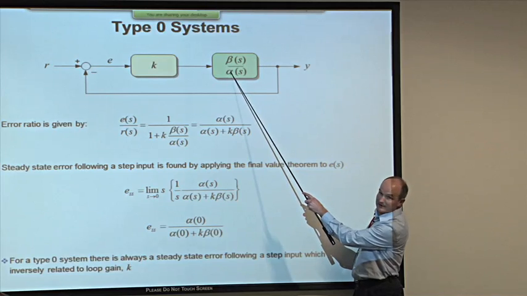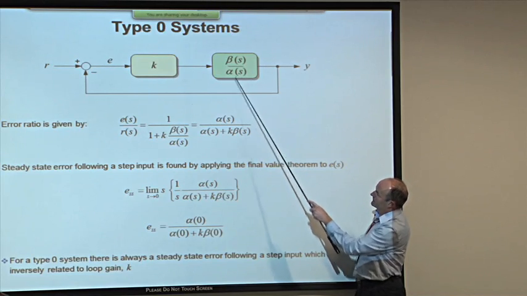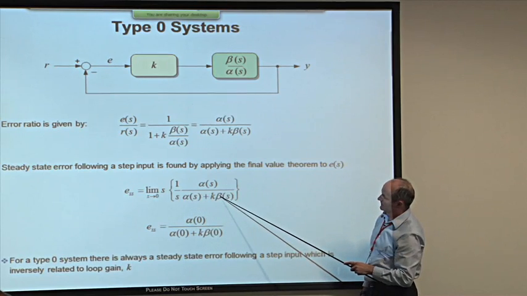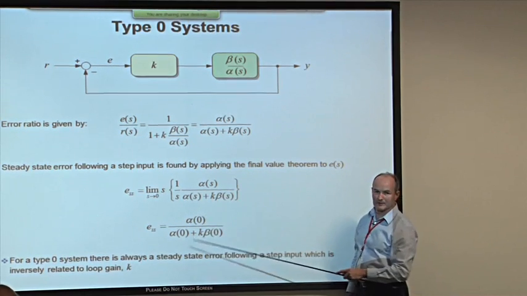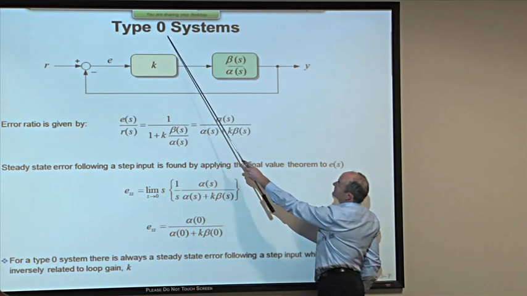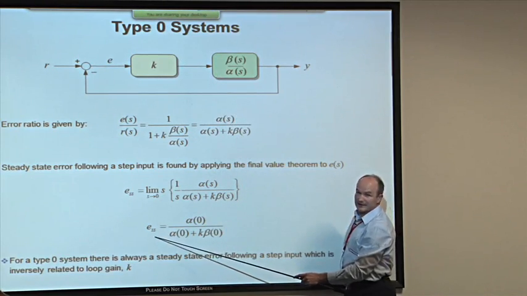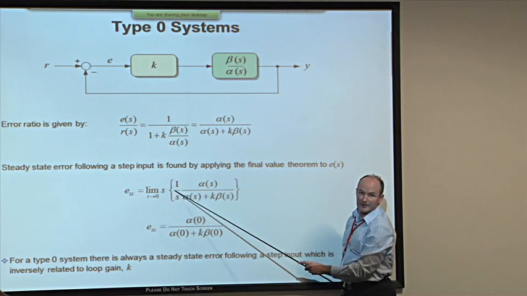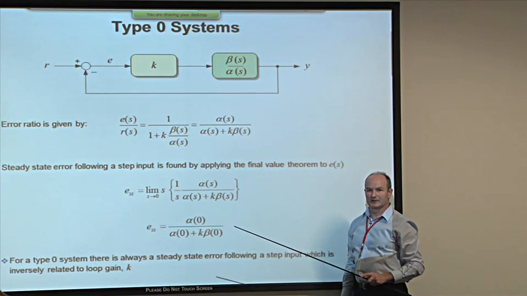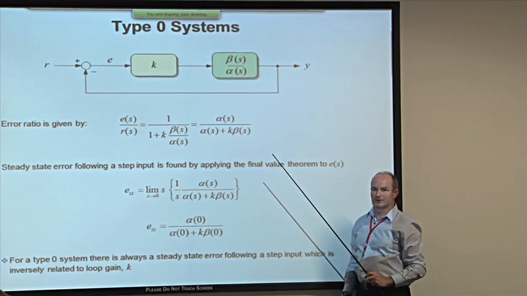There's no powers of S in here, so there must be a constant term in alpha of S. So it's going to be constant divided by constant plus another constant, and that's a finite number. So what we've discovered is that a type 0 system has a finite steady state error for a unit step input.